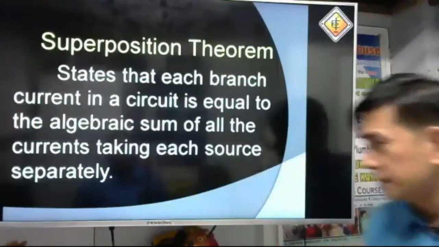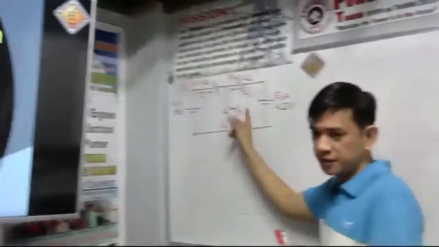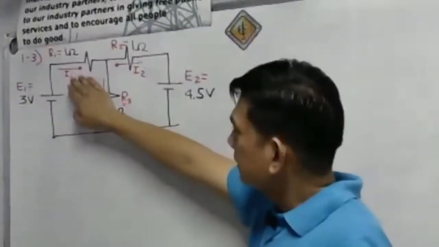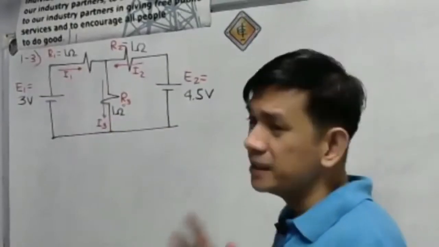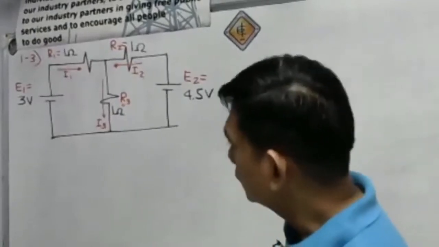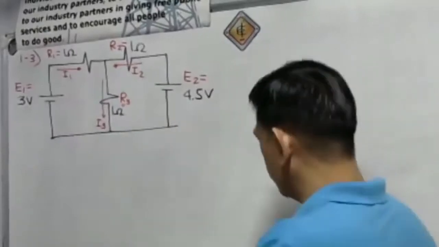Let us start now with our topic. It says that each branch current is equal to the algebraic sum of all the currents taking each source separately. Let's say we have a simple two-loop circuit. We will consider first the 3-volt source, then the 4.5-volt source.